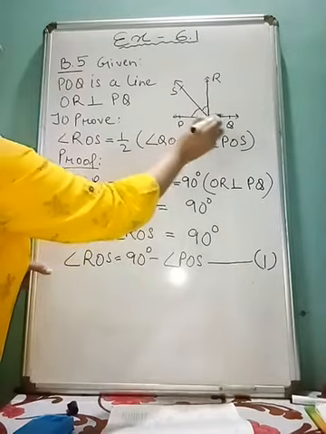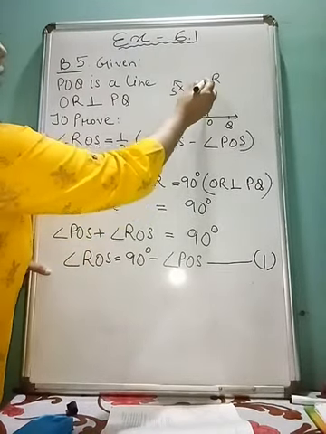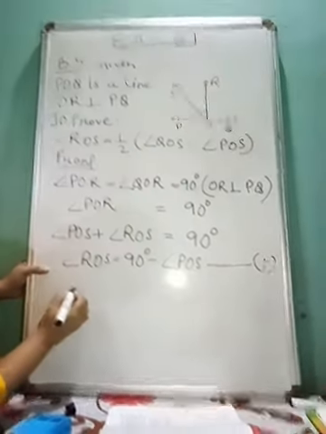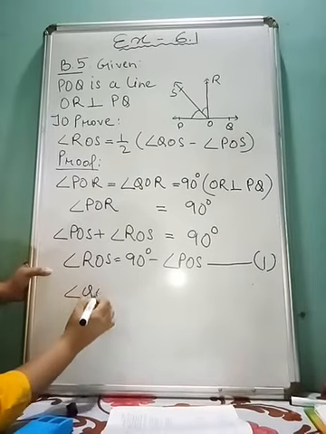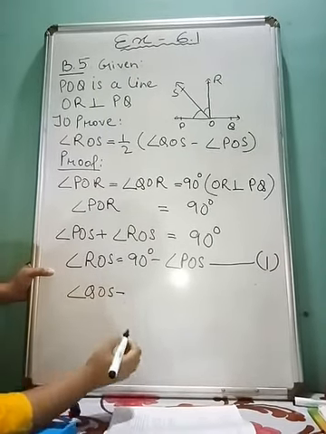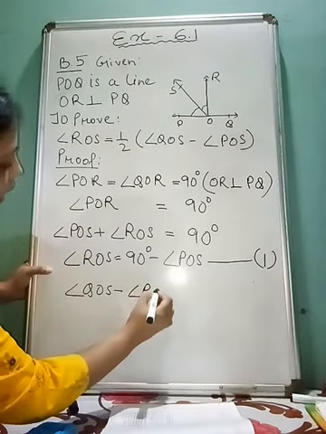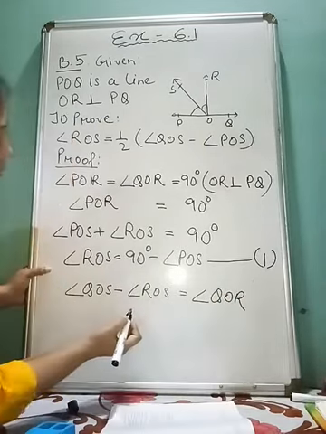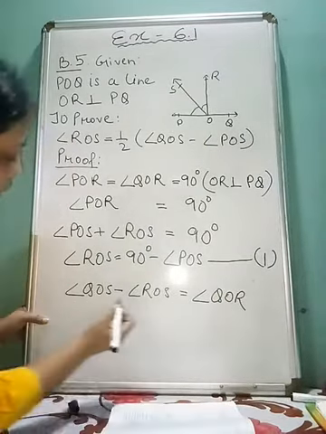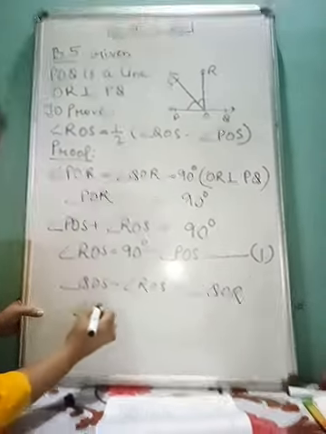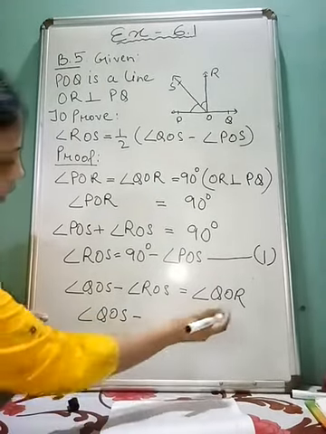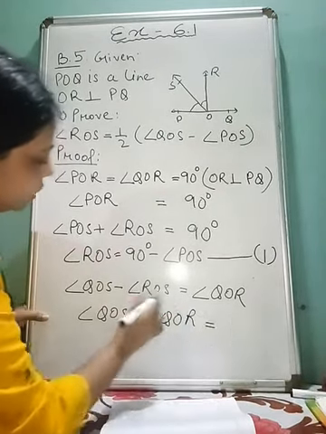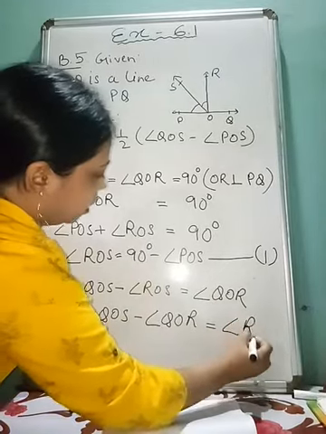Next we will take angle QOS minus angle ROS will give us QOR. So we will say angle QOS minus angle ROS is equal to angle QOR. You can look at the figure there. Now we have angle QOS minus angle QOR is equal to angle ROS.